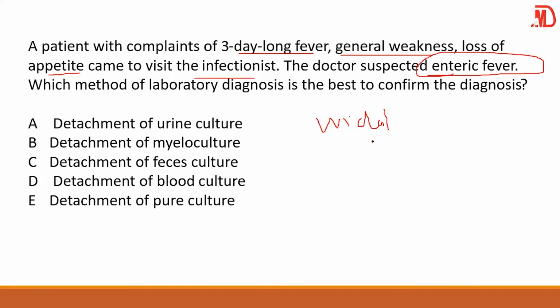This blood culture helps us to determine the exact drug to give this patient, because some of these Salmonella are resistant to Cipro. In the blood culture, you will know which drugs will be sensitive to this microorganism. So here, of course, there's no Widal. Definitely we're going for blood culture.